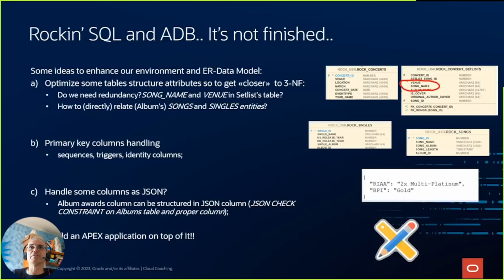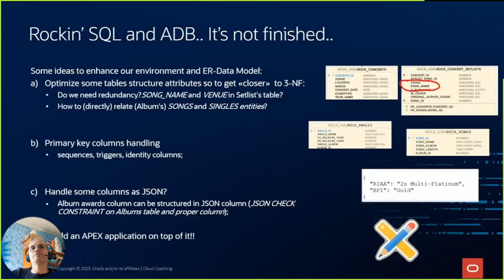For example, I have in my rock concert set list, which is related to the set list only, given a concert, the list of the songs, I don't need to repeat in this table the song name that I can retrieve from the song entity or song table, and the venue. The venue is the location in which the concert has been performed, and it is in the concert event, in the concert table.